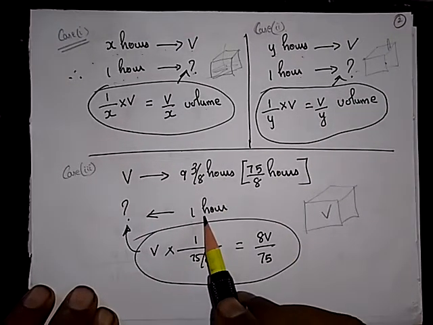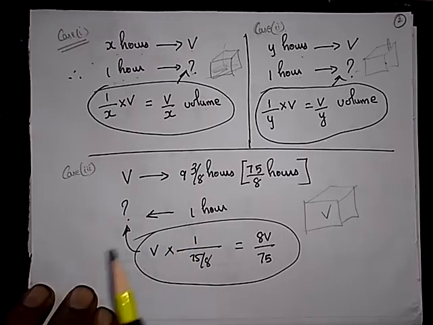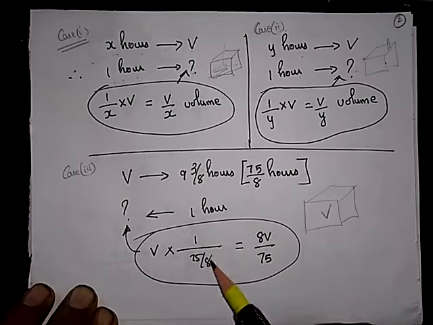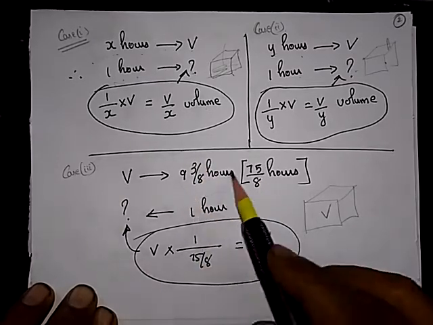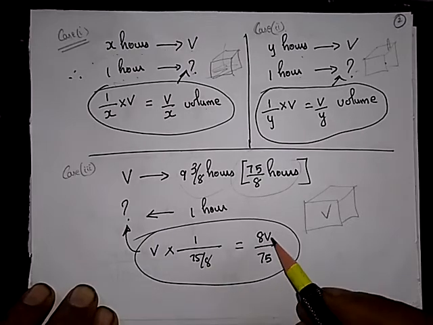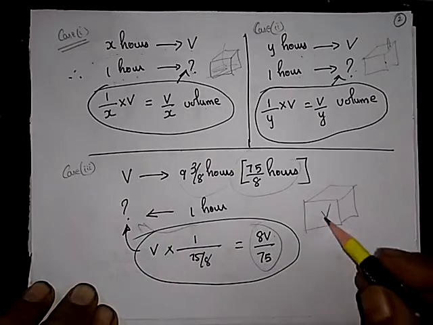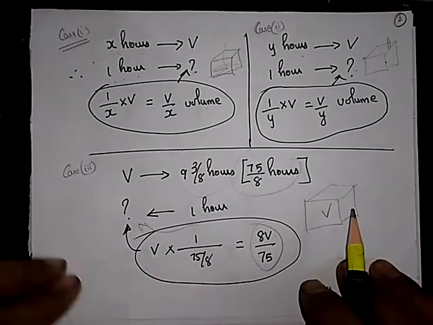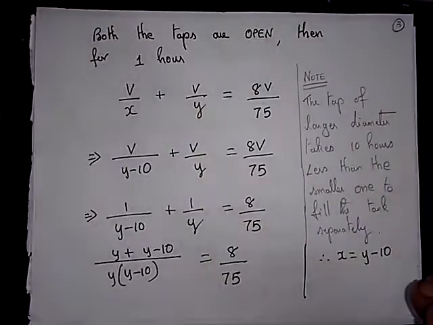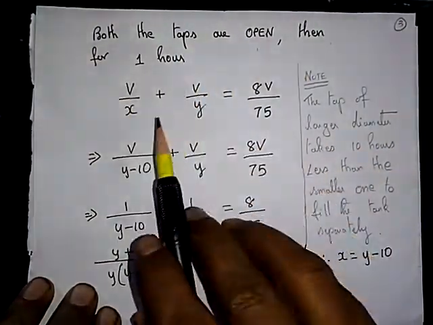Now, for 1 hour, what is the volume filled up when both the taps are open? 1 divided by 75 by 8 into V, that means 8V divided by 75. So this much volume is filled up in 1 hour. Right. Now next, both the taps are open. Then for 1 hour what will happen?